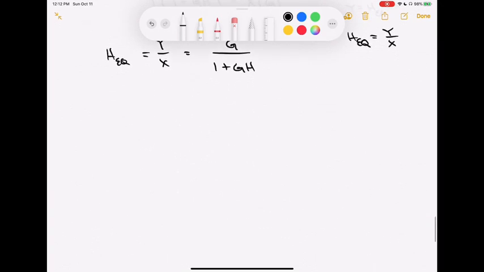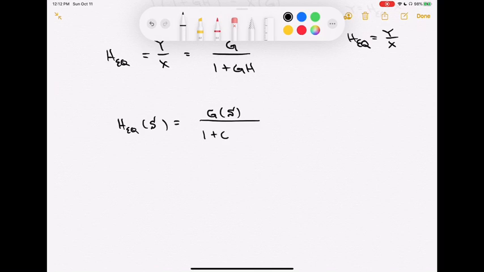Okay, let's get the s's back in there. The equivalent transfer function as a function of s, a ratio of the output to the input, we see in terms of the existing functions in that block diagram as being g of s over 1 plus g of s h of s.